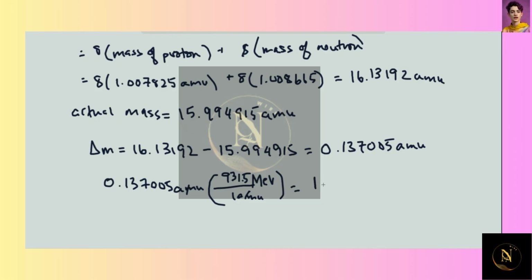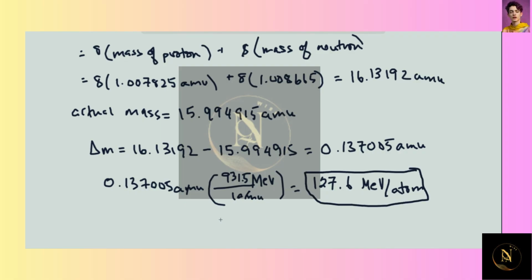And that tells me that for every nucleus, I should produce 127.6 mega electron volts per atom. And so this is the binding energy per atom.